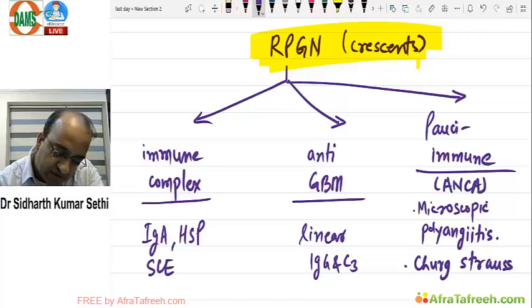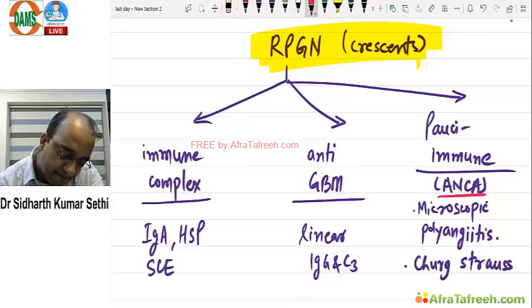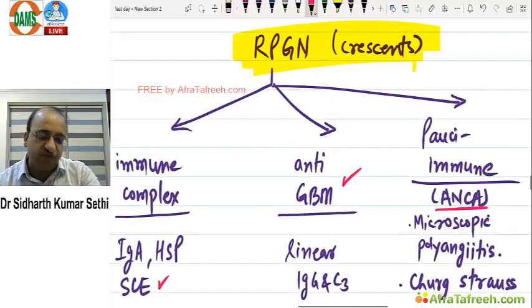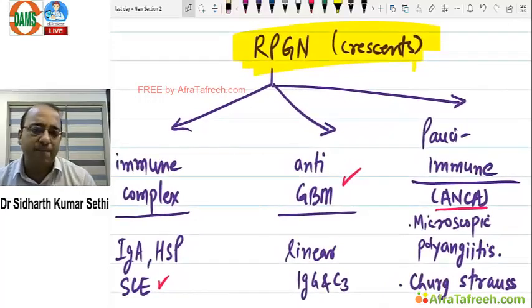So now all of you, can you see? We do an ANCA here. We do anti-GBM levels here. We do SLE, ANA levels, C3, C4. We do these for every patient who presents to us with a nephritic syndrome with a rapid loss of kidney function. Okay.